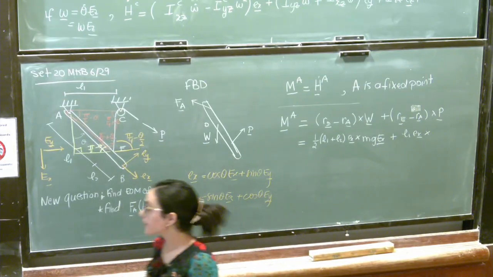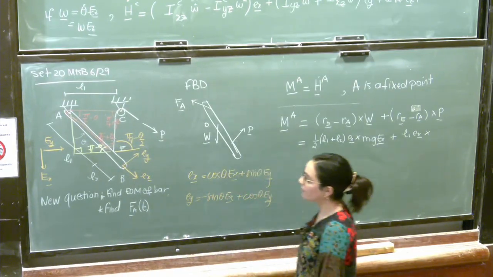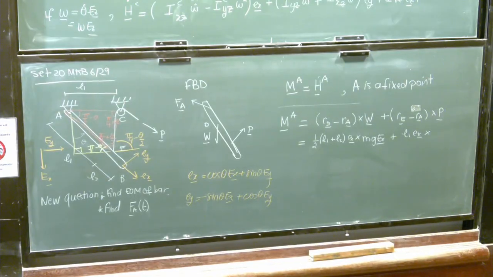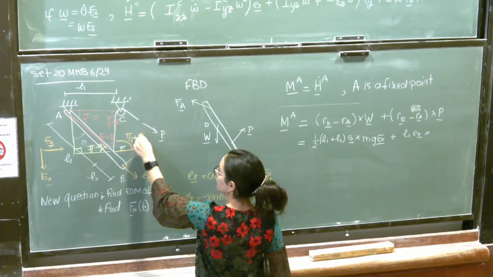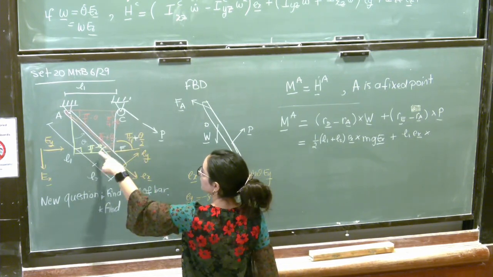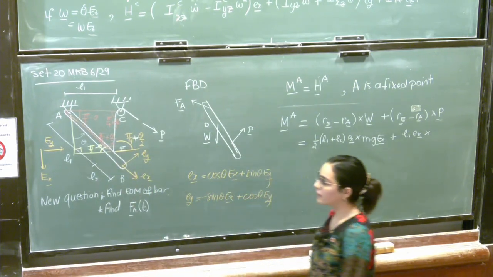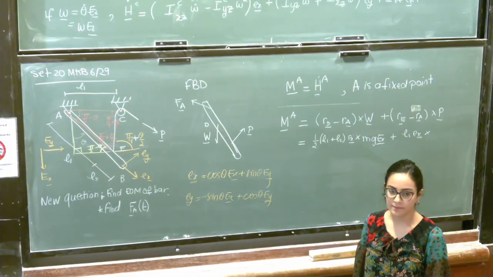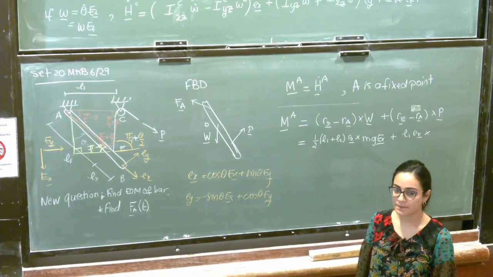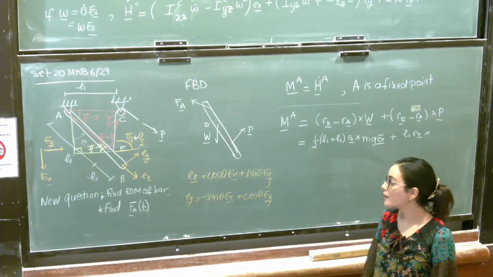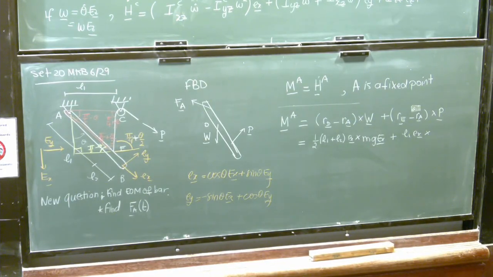So that when I add these three angles, I get pi. I think it should be pi by 4 plus theta over 2. So when I add theta over 2 plus theta over 2 minus theta, yeah, I think it's this, right? So what does the force P become?